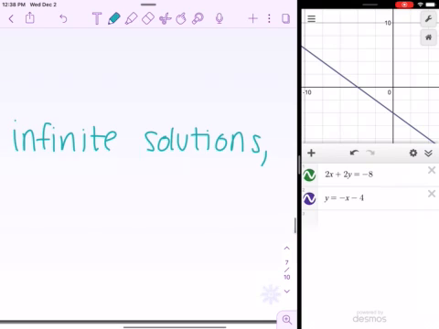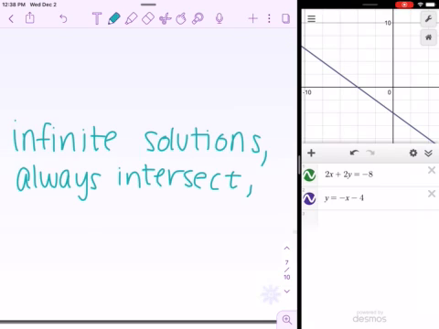And similar to when you had no solutions, you had to tell me why. So infinite solutions because they always intersect, and it is because they are the same line.